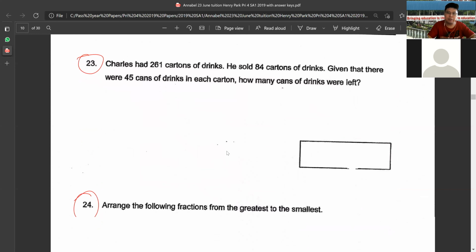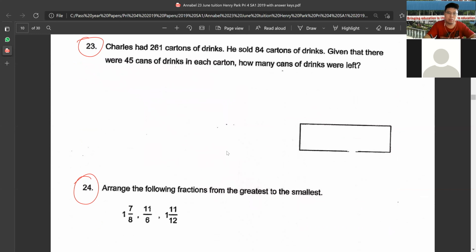Okay, 23. Charles had 261 cartons of drinks. He sold 84 cartons of drinks. Given that there are 45 cans of drinks in each carton, how many cans of drinks were left? What must you do?